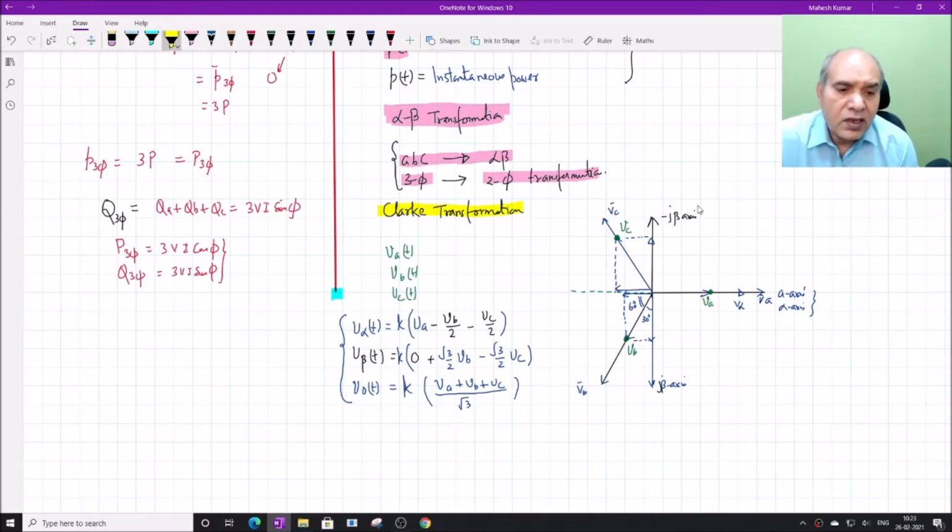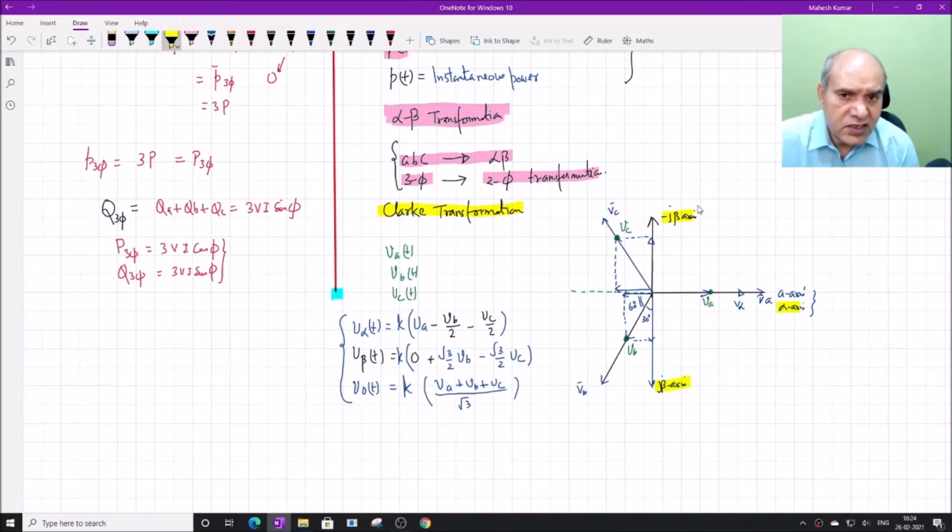So we imagine that there is an alpha axis and a beta axis. We have denoted beta downward for the sake of simplicity, but you can also take beta upward. So the alpha axis and the beta axis are perpendicular to each other, while the ABC axes are 120 degrees apart.